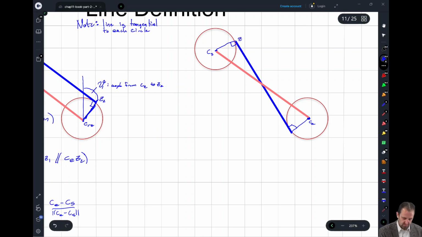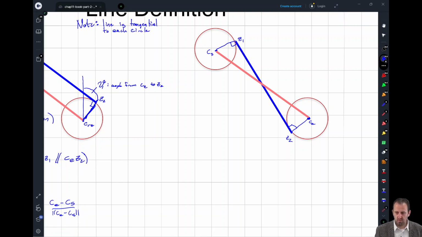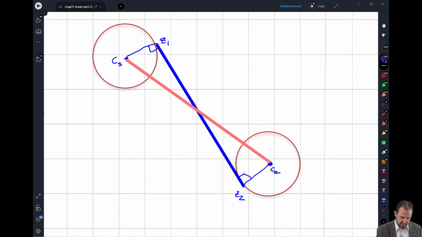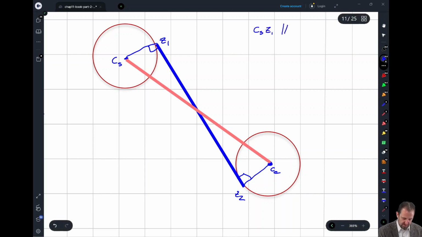So this is our point Z1 and this is our point Z2. Those lines are not parallel, so we're going to have to work on defining them. But we will note that the line CS to Z1 is parallel to the line CE.